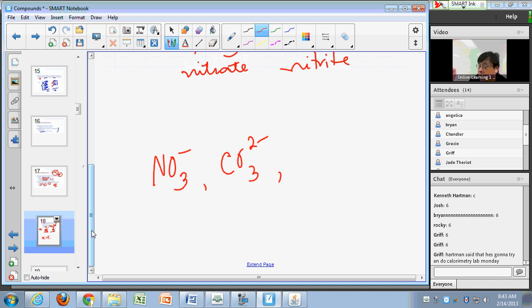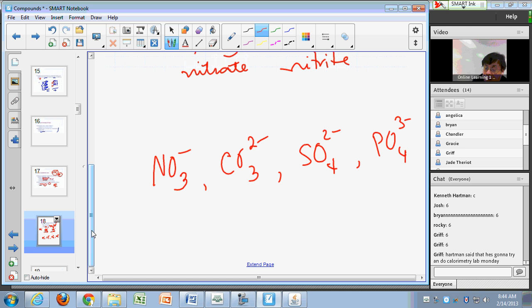And if you look at the quizzes on Moodle, these are the most likely ones you'll encounter. These are my favorites. So you should at least memorize these to begin with. Carbonate is CO3 negative 2. Nitrate is NO3 negative 1. Sulfate is SO4 negative 2. Phosphate is PO4 negative 3. Those are the most common ones.